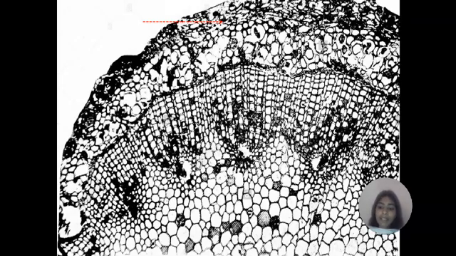And another difference is the cortex consists of vallecular canals in Equisetum. There are no vallecular canals here in Calamites. And the protoxylem in Equisetum and Calamites is disintegrated to form carinal canals.